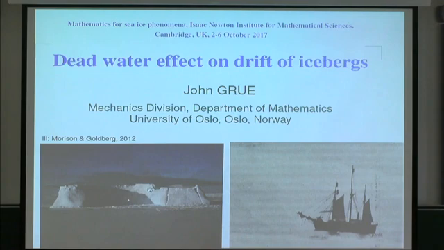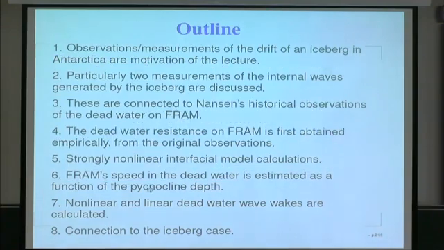That's the contents of my talk. So I've 8 points. I will start with the motivation, which is the observations of the drift of an iceberg in the Antarctica, and discuss what the authors of that paper discussed about the potential effect of internal waves.